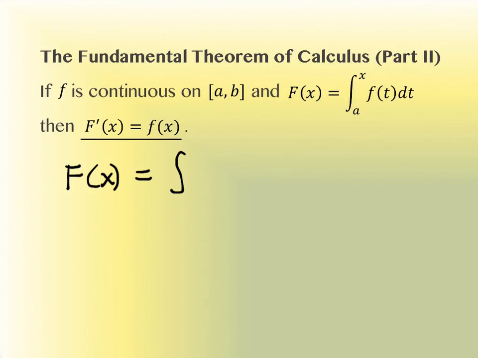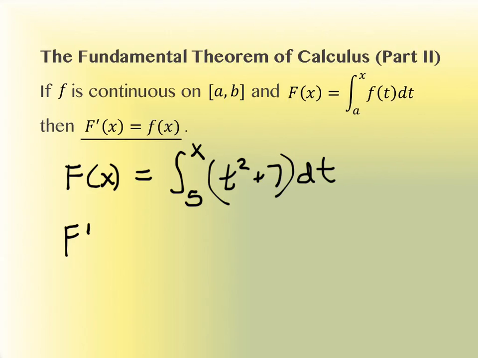So if this said the integral from 5 to x of t squared plus 7 dt, then what this is saying is that if you wanted to find the derivative, all you need to do is rewrite the right-hand side with an x in the place. That's what this says. Does that make sense? Are you seeing those pieces?